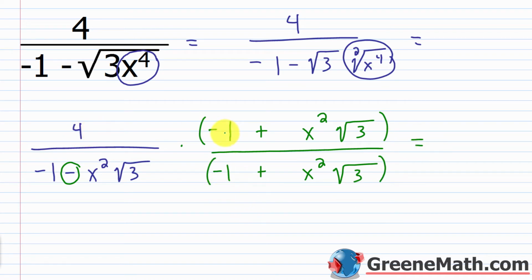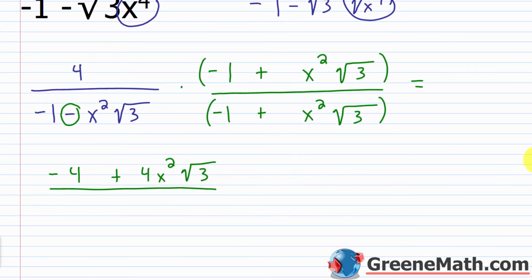4 times -1 is -4. Then 4 times x squared times square root of 3 would just be plus 4x squared times square root of 3. Then this is over. For the denominator here, again, we could skip using FOIL and just use our shortcut. We would just square the first one. So if I squared -1, we would get 1. Then we'd have minus.